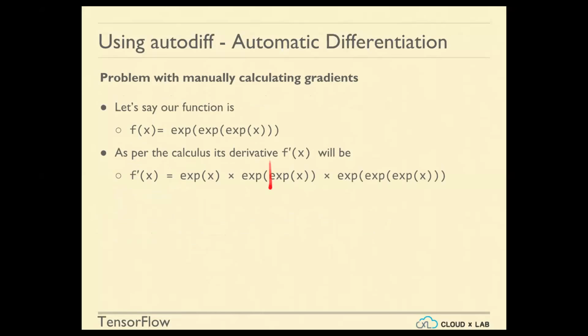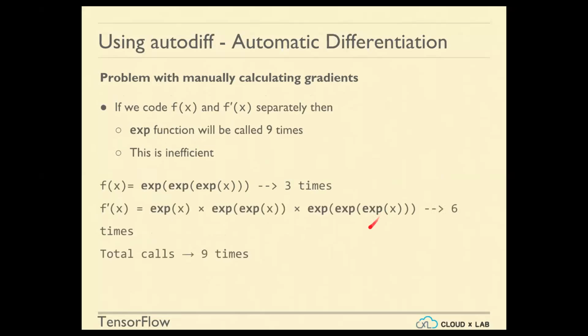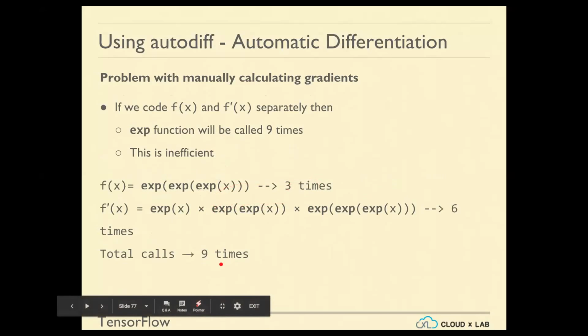The problem with manually calculating gradients is, one, they're really hard. Let's say our function is this and we want to compute derivatives, so it becomes like this, and that's very painful and inefficient, because e to the power x is being called 9 times here.